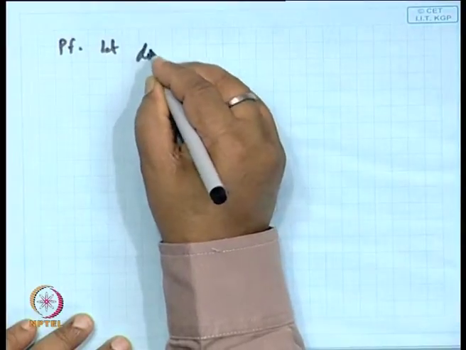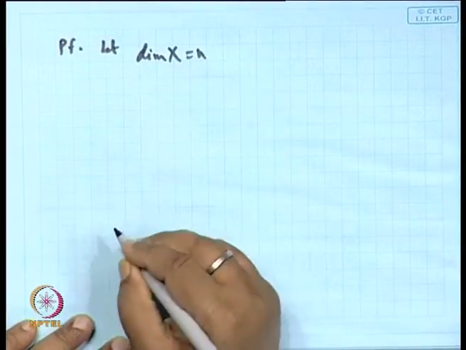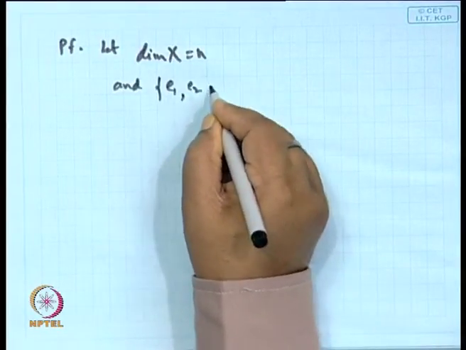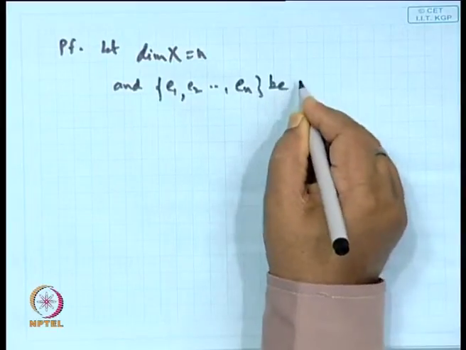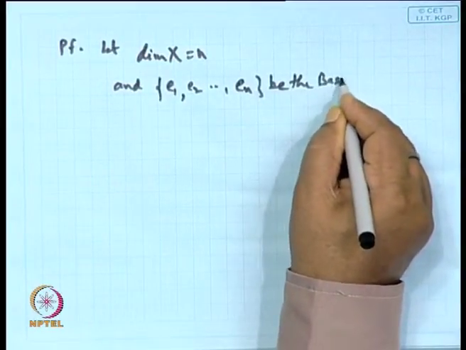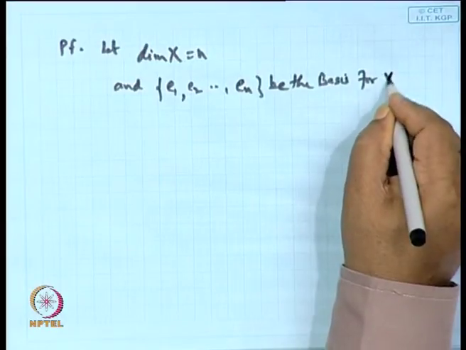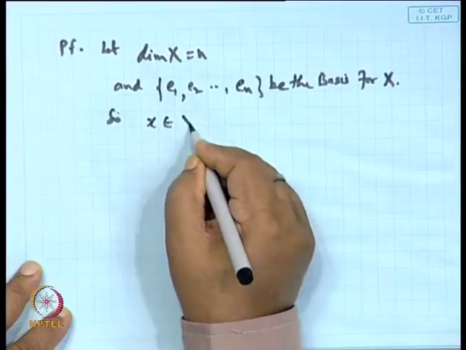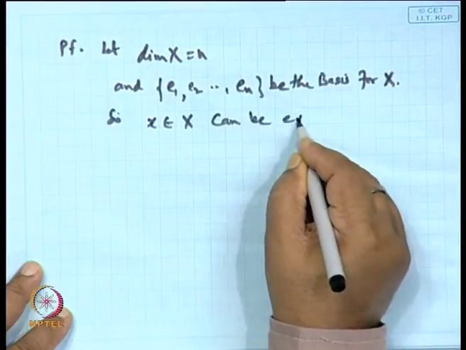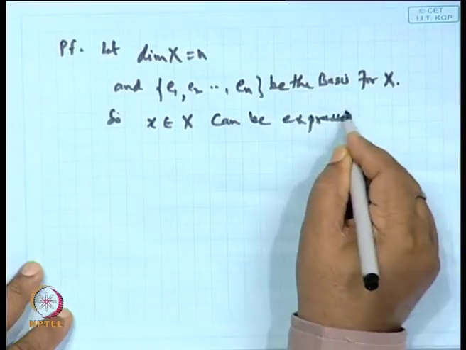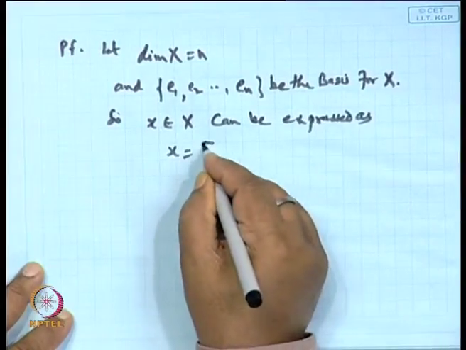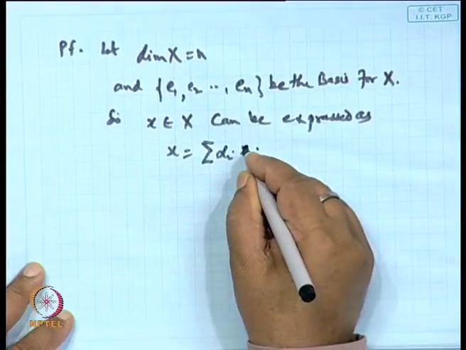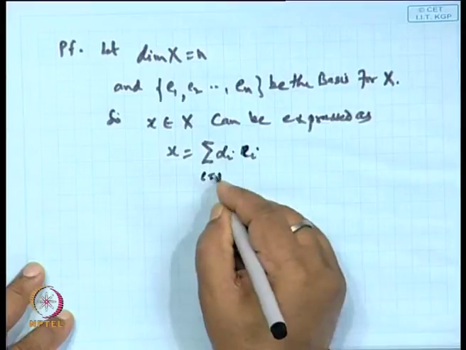So, let the dimension of X be n, and let e_1, e_2, ..., e_n be a basis for X. So, any element x belonging to X can be expressed as the sum of alpha_i e_i, because e_1, e_2, ..., e_n are basis elements, i equal to 1 to n.